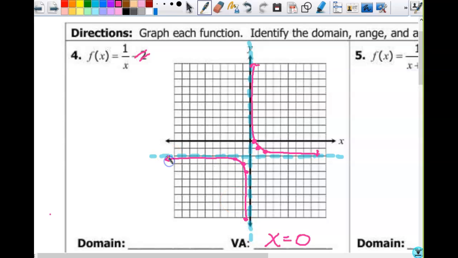And here's a little hint on being careful when you draw these in, on your paper, but really more importantly, on Delta Math, because your assignment today is not on Delta Math, but you will have to do some of these there. And this caused some of you some issues when you were sketching some of the other graphs. So my function is supposed to be really close to the asymptote, and then get close again. Here's what you have to be careful not to do.